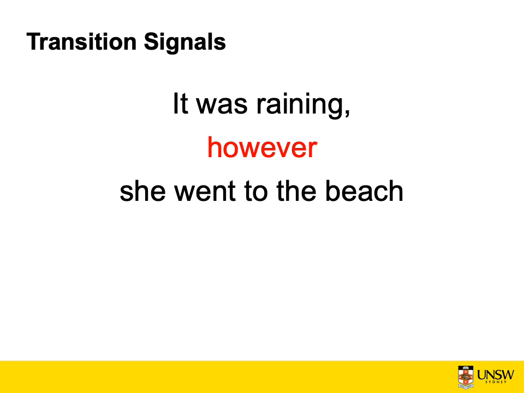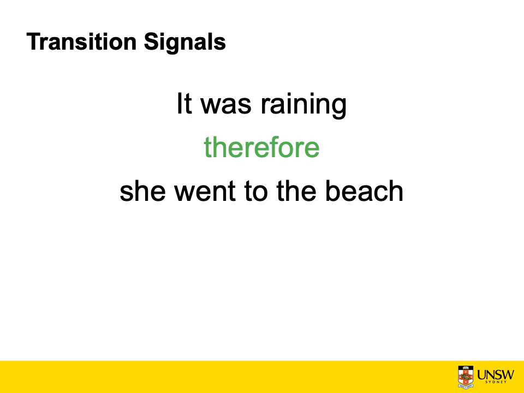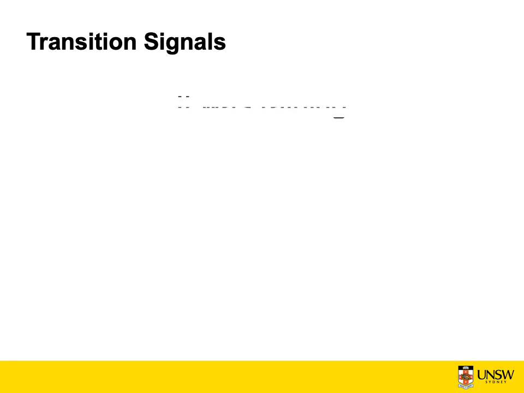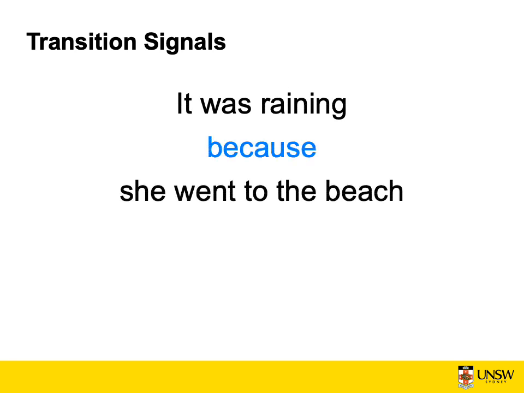transition signal. It doesn't quite make sense if we say it was raining, therefore she went to the beach. Now we're almost assuming that this person likes to go to the beach when it's raining, where it's like we need a bit more information to explain why we have chosen this. It was raining because she went to the beach. Now it's starting to become fiction.